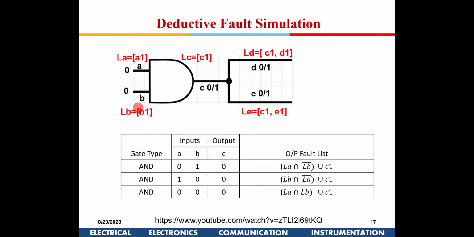Either this fault is happening or this fault is happening, but this fault can be detected only by C1, and the condition for that is LA bar and LB bar for 0, 0.